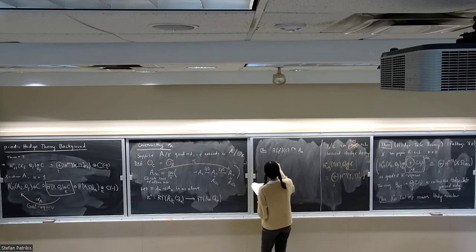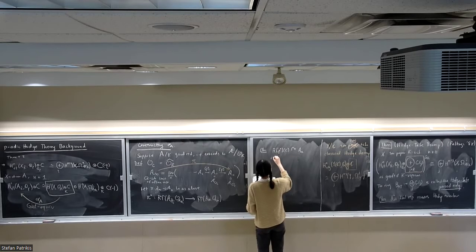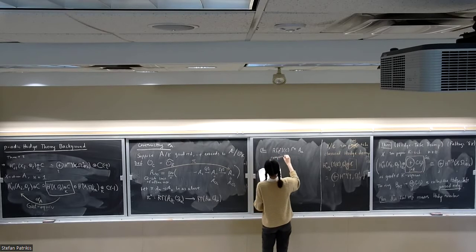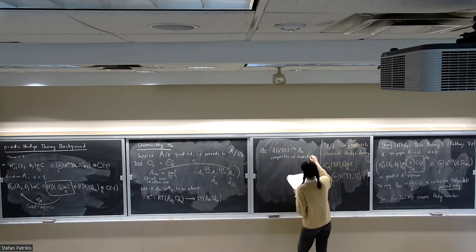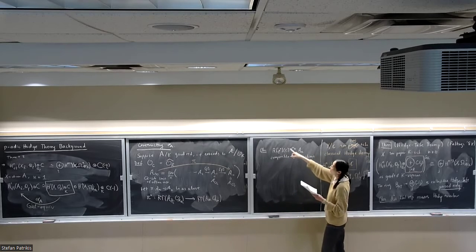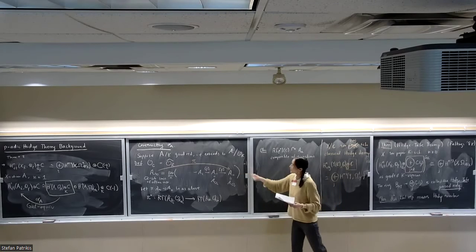And this action is compatible with transition maps. If we multiply by p on both of these things, this will be compatible with these transition maps.